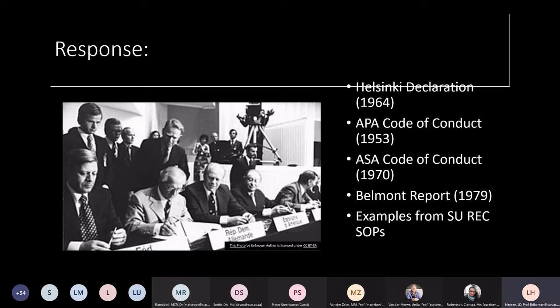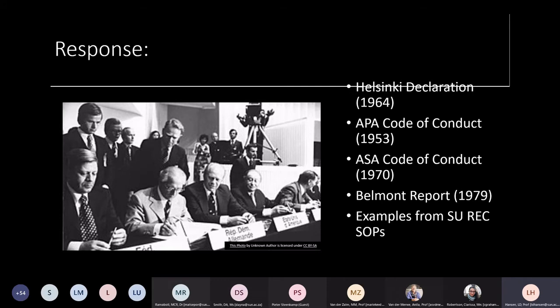Interestingly enough, two very influential codes were accepted. The first one, the American Psychological Association Ethical Principles in 1953, and the American Sociological Association Code of Conduct in 1970, are both quite influential in the world, and it's also quite comprehensive.